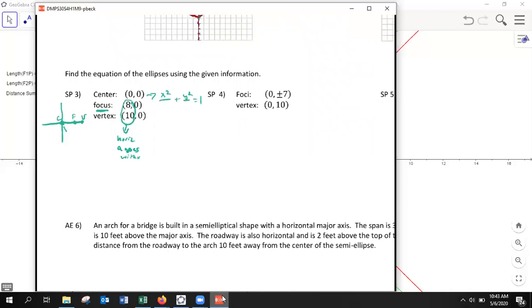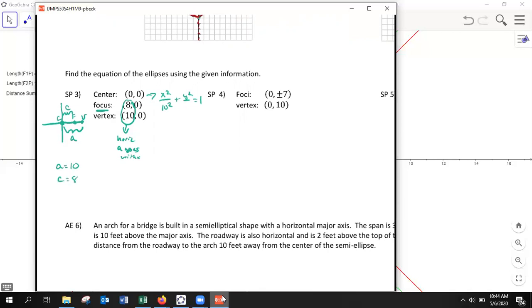So what is A? If we define A as the distance from center to vertex, that distance is going to be 10. So this is 10 squared. And then our distance from center to focus is C. So we know that A is 10 and C is 8.